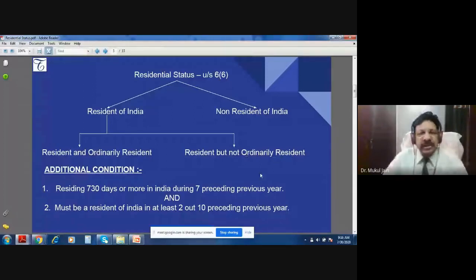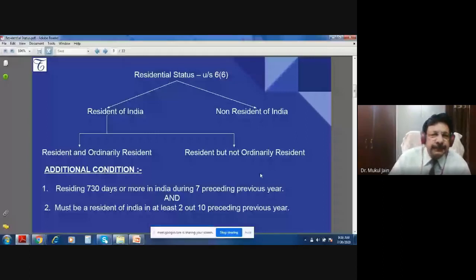I hope some of you must have studied these things. Yes, have you studied these things, some of you? Okay. But it was necessary to repeat them for the other students who may not have studied these things. So within resident of India, there are two categories: resident and ordinarily resident, and resident but not ordinarily resident.